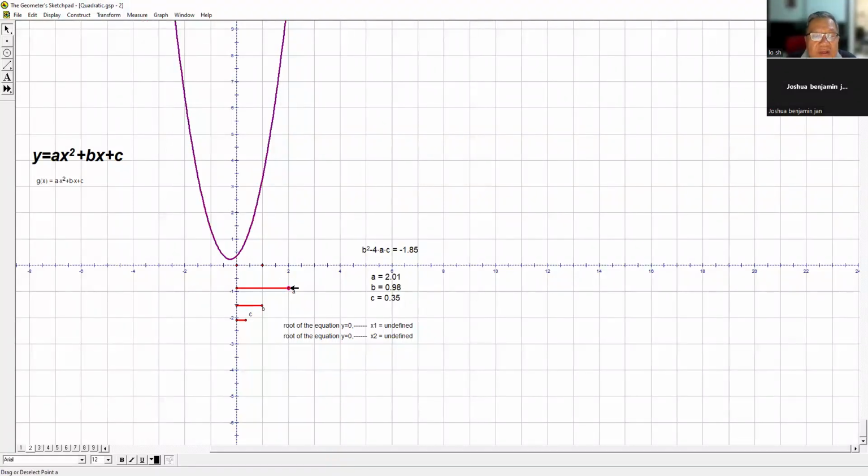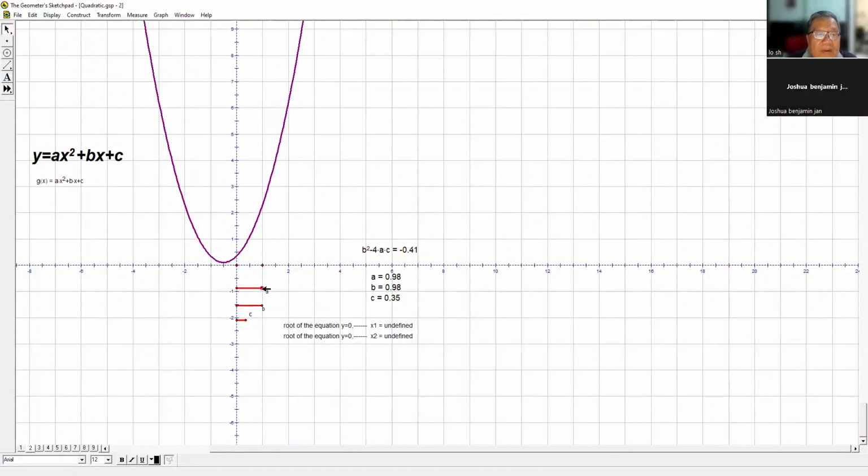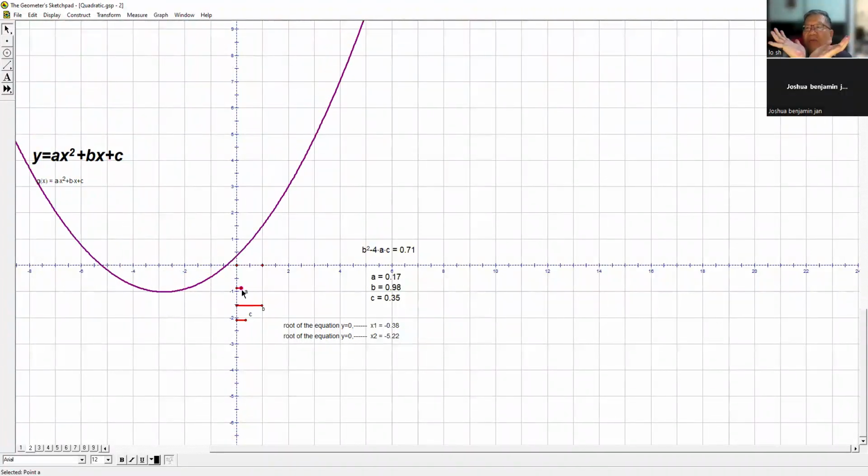If the value of a becomes 3, it becomes more and more pointed. So we see that if the value of a is bigger than 1, then the graph becomes very thin. Now, if the value of a is less than 1, the graph becomes very rounded, not pointed, but wide, spread out widely.